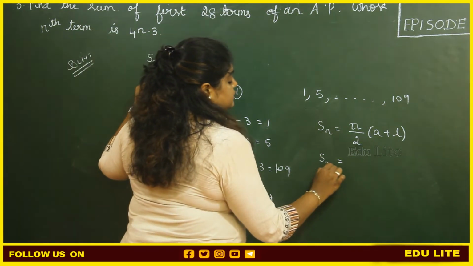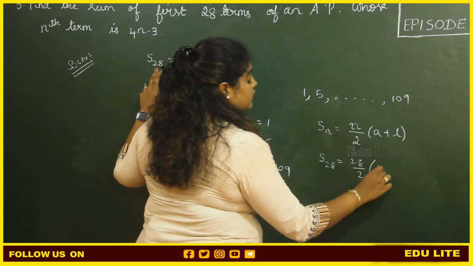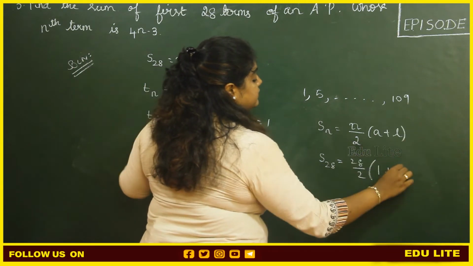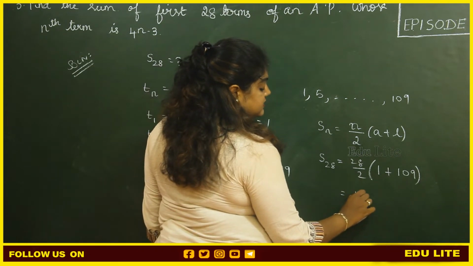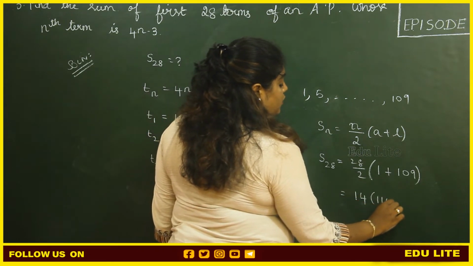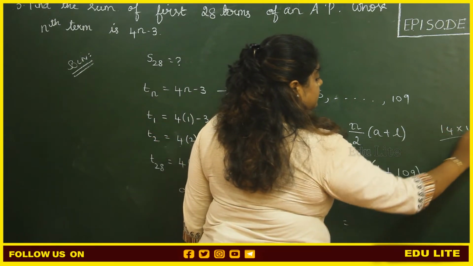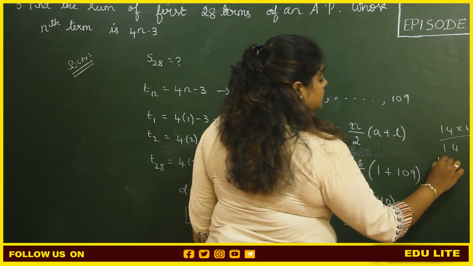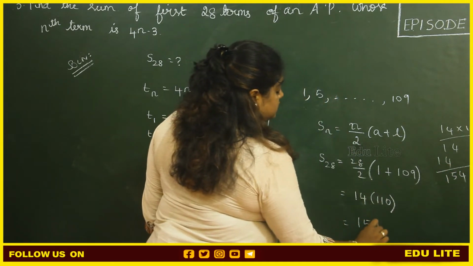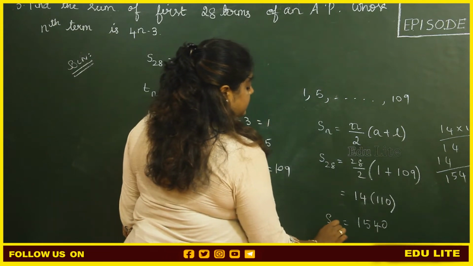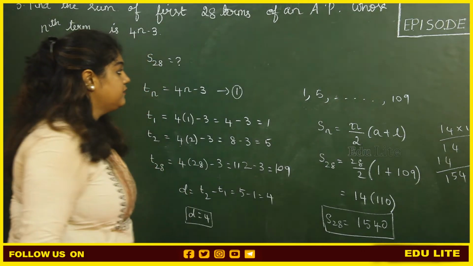Therefore S28 equals 28 by 2, A value is 1 plus L value is 109. So 28 by 2 is 14 into 110. Therefore 14 into 110 is 1540. S28, that is the sum of first 28 terms, is 1540.